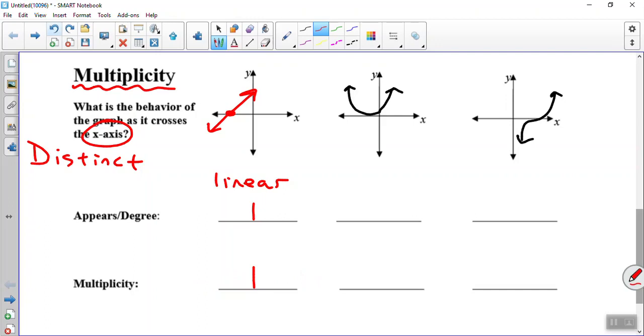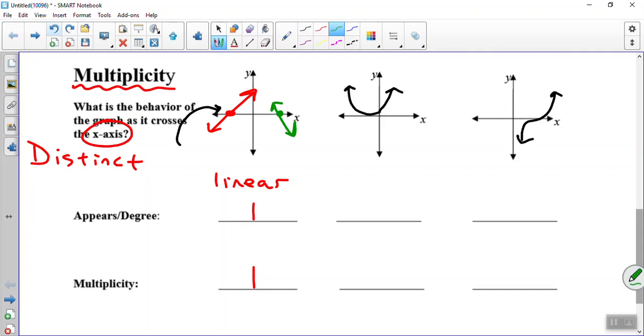While this is one distinct zero, it's also one total zero at this particular point. And this could be going up; you could have it crossing like this. Both of these zeros have a multiplicity of 1. They're each distinct zeros, and it's one total zero at each x-intercept.